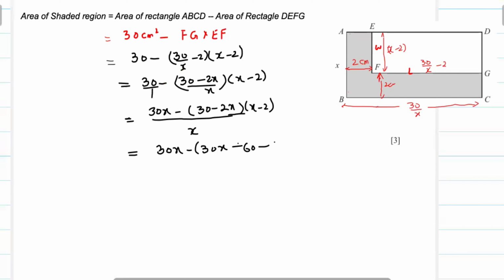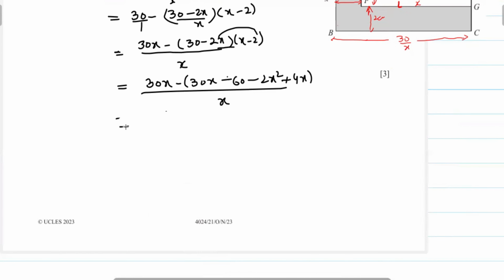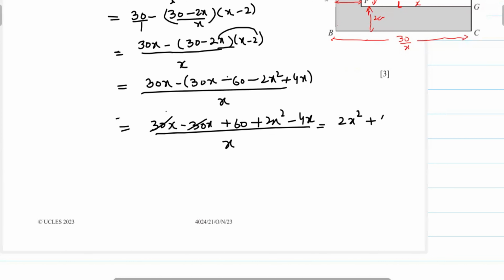Minus 2x into x is minus 2x square. Minus 2x into minus 2 is plus 4x over x. Now we can write it as 30x minus 30x plus 60 plus 2x square minus 4x over x, and 30 minus 30 will be cancelled, and we can write it as 2x square plus 60 minus 4x over x.